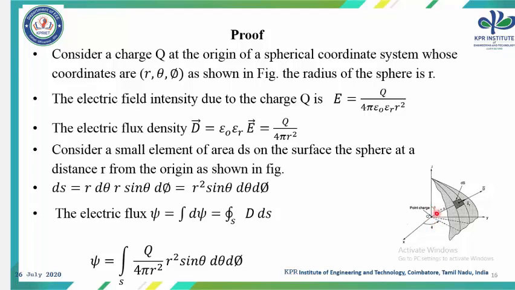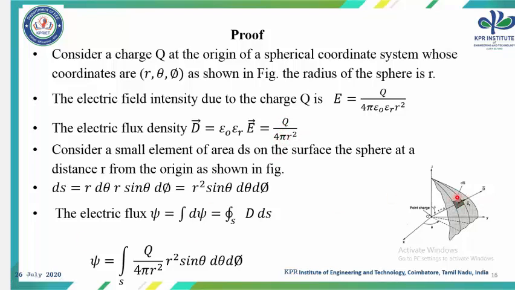Now the electric field intensity due to the charge Q is E equal to Q divided by 4 pi epsilon naught epsilon r into r squared. The electric flux density D is equal to epsilon naught epsilon r into E, which is equal to Q divided by 4 pi r squared.